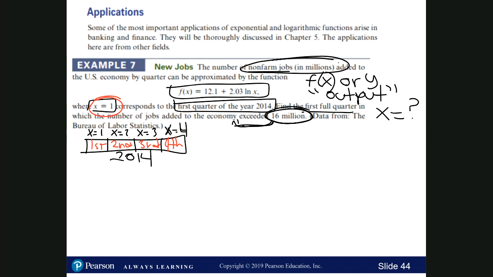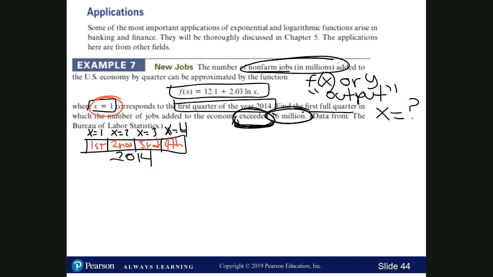And so what we're going to be doing is we know that this function is increasing, and so we want to know when it will be exactly at 16 million, and perhaps we will have to round up because we want to know when it exceeded the 16 million.